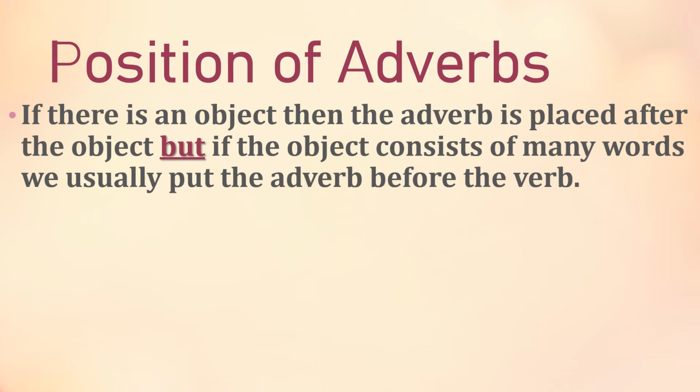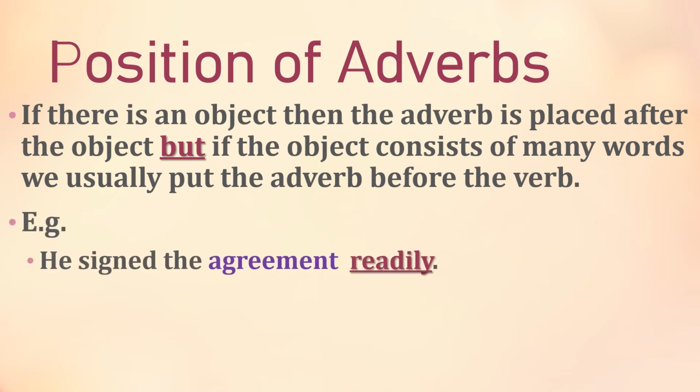But if the object consists of many words, it's not just one single word, it has many words, which will happen in sentences, then you will not put the adverb after the object. Then the adverb comes before the verb. Mind it, before the verb, not before the object. Okay, you will understand this better with the help of the given examples over here.